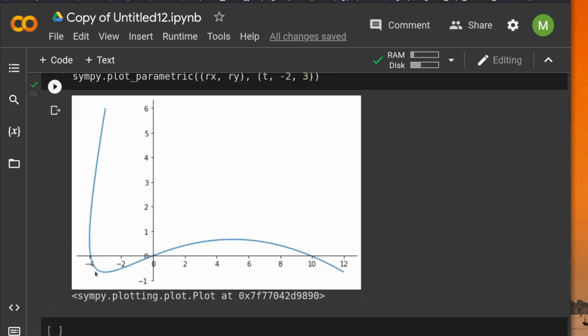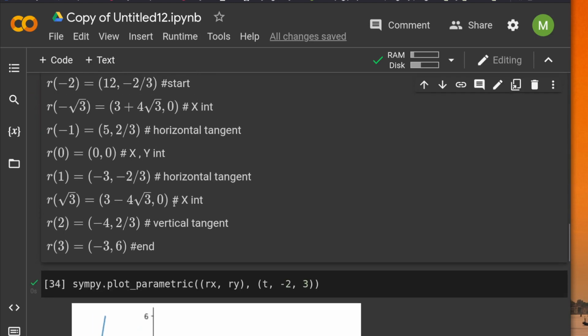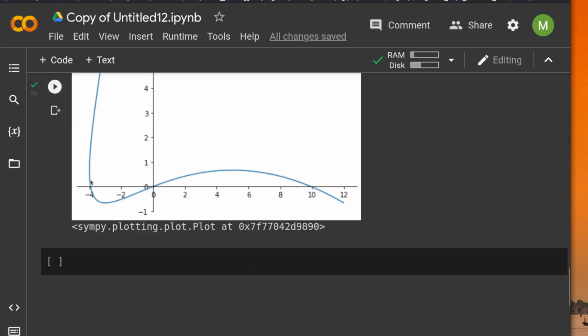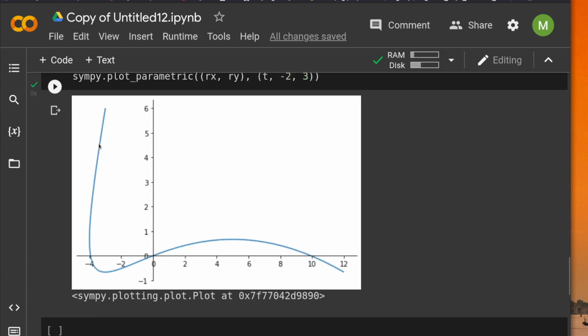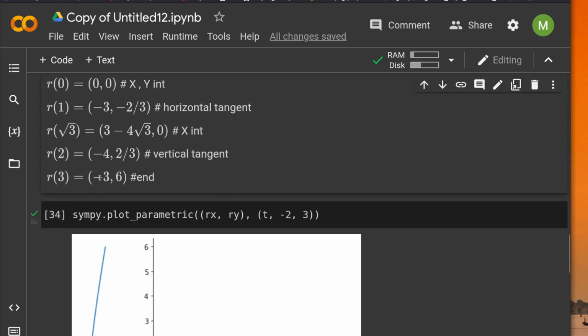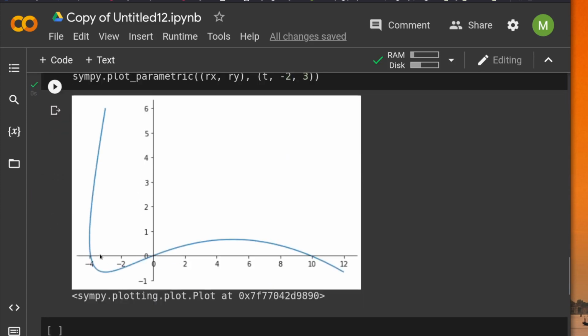So here we've got another horizontal tangent, and then we've got that x intercept there, and then we've got a vertical tangent here, and then we move on to the end point there, which is -3, 6, and you can see here -3, 6. There is our endpoint. So our curve is parameterized from this start point, goes that way, like that.